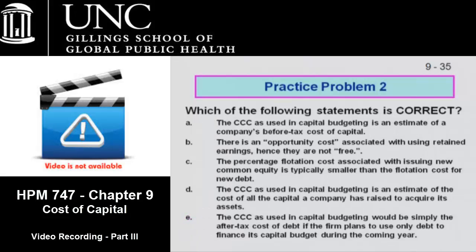Which of the following statements is correct? B is the correct answer. Retained earnings are not free.